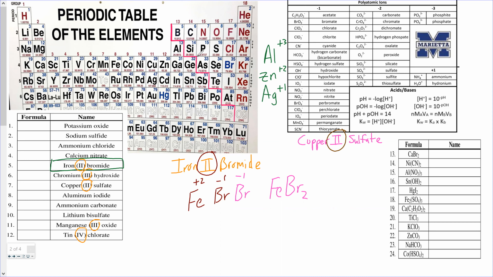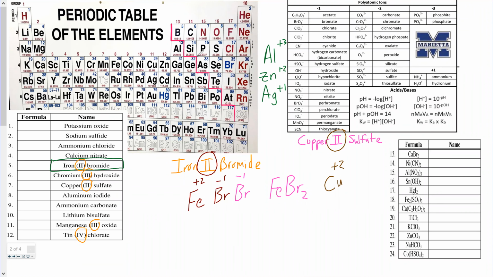Excellent. Anybody find the symbol for copper yet? It's not CO, I'll tell you that. CO is cobalt, but it is near that. Cu, absolutely. See you later, copper. That's Cu, and then sulfate.